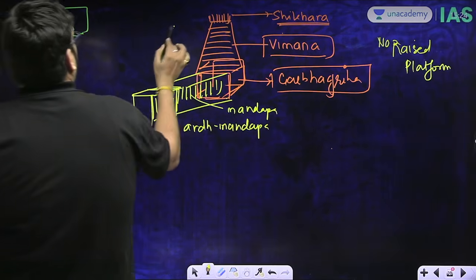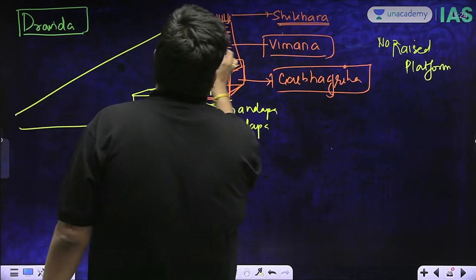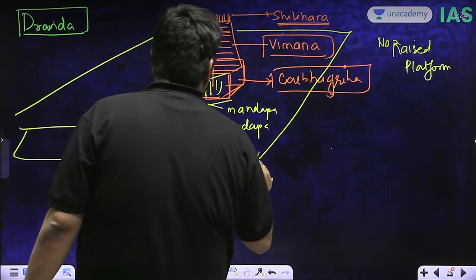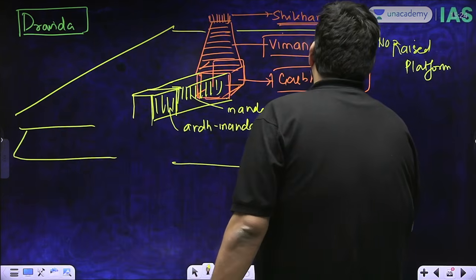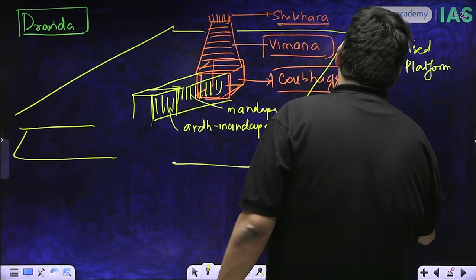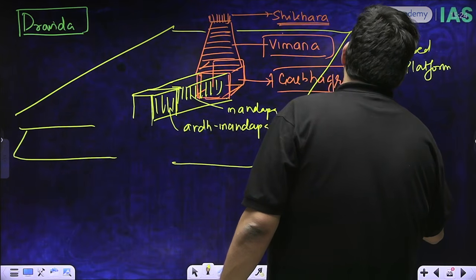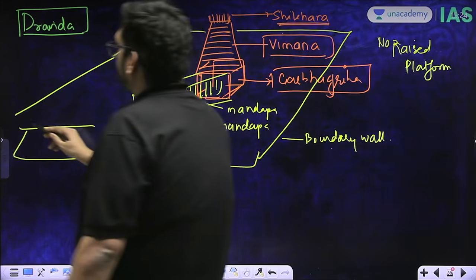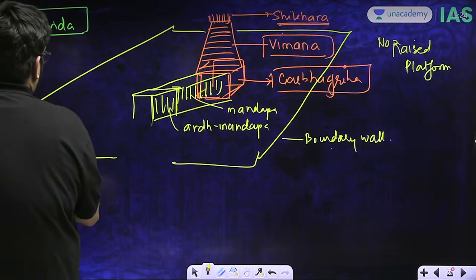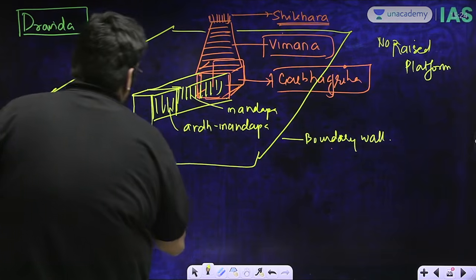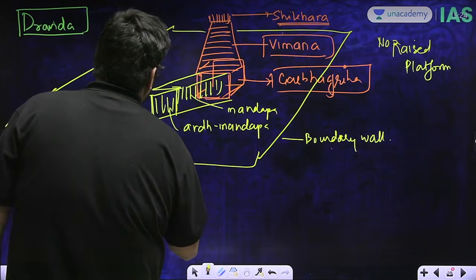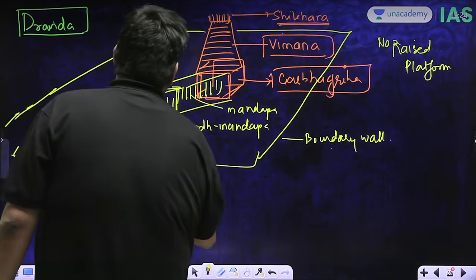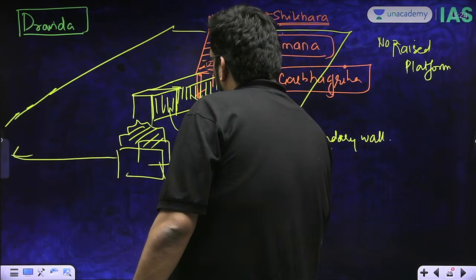Then the whole temple is enclosed in a boundary wall, meaning a boundary wall is a must in Dravida temples. But what is even more interesting is this boundary wall has an entry gate which is equally majestic, which is called the Gopuram.